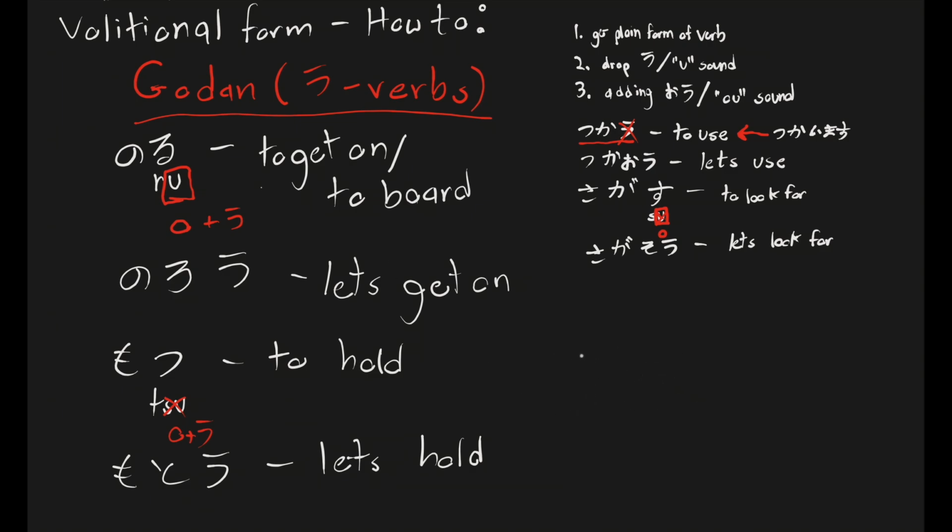So it's like you have ta, chi, tsu, te, to. If you have ta at the end, you change it to to. You have chi, it changes to to, tsu changes to to, and te changes to to. It all changes to to, because you change it to the O sound.